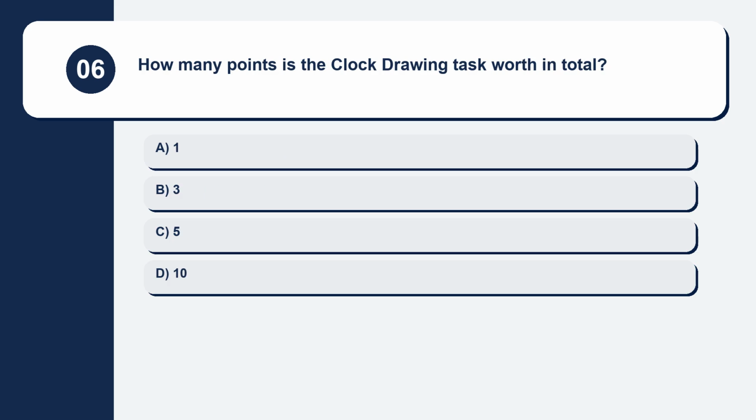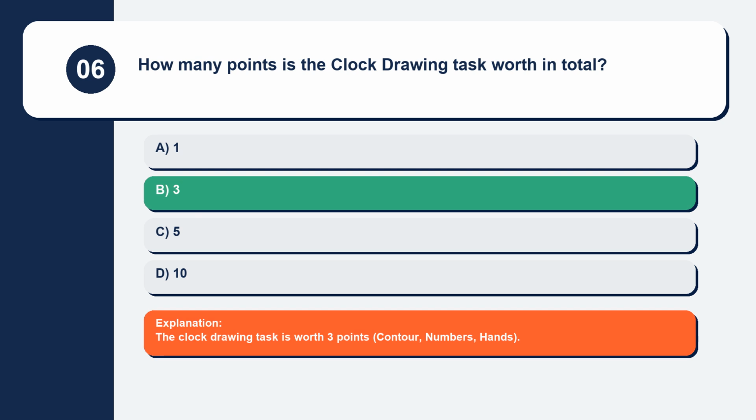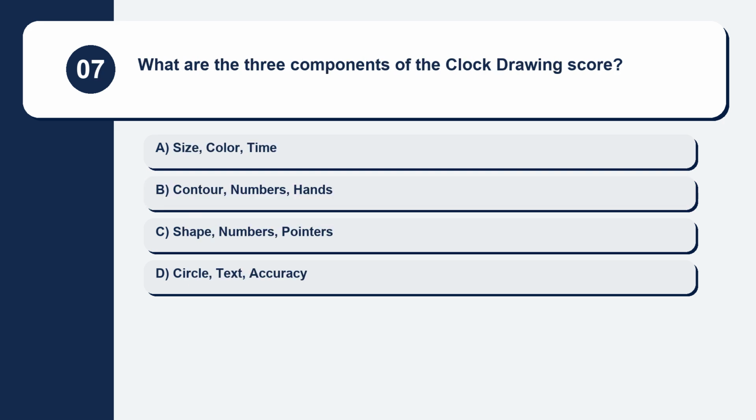Question 6. How many points is the clock drawing task worth in total? 1, 3, 5, 10. The clock drawing task is worth 3 points: contour, numbers, hands. Question 7.